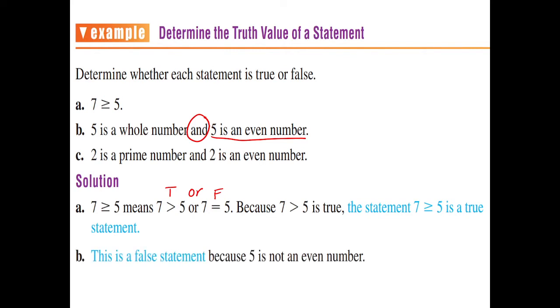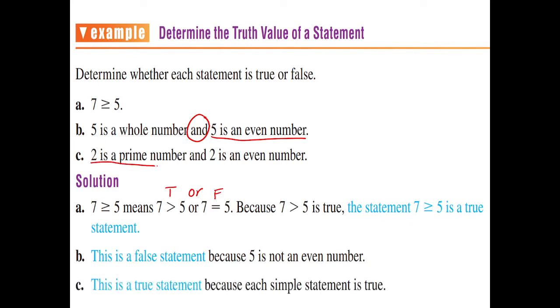So the letter B is false because I am using and. Sa letter C, it is true, because this statement is true, this statement is also true. True and true will give you a true statement. So this is now how we use the table sa mga sentences.